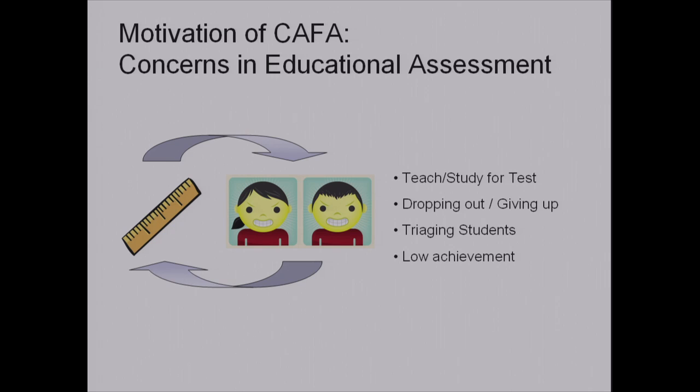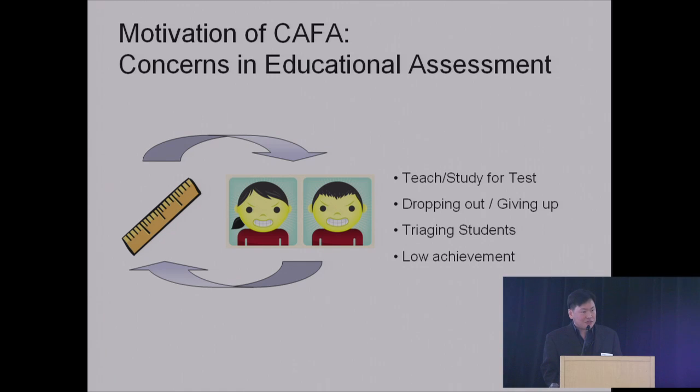For example, teaching to the test and studying for the test: teachers are not necessarily teaching for student learning, but teaching for the test, and the students are learning for the test, to maximize their score. That kind of side effect is there, and also there's a huge amount of dropping out and giving up. For example, with math exams, they just give up. They're not studying anymore at some point.